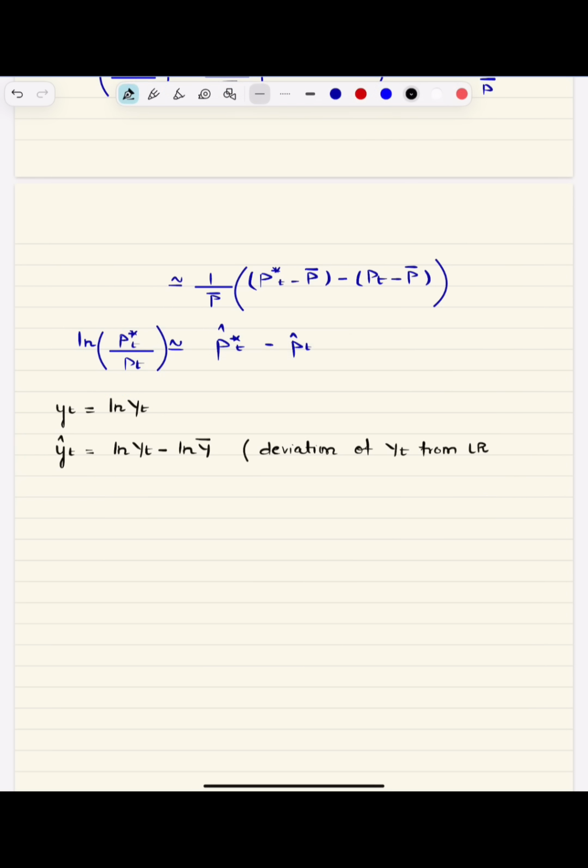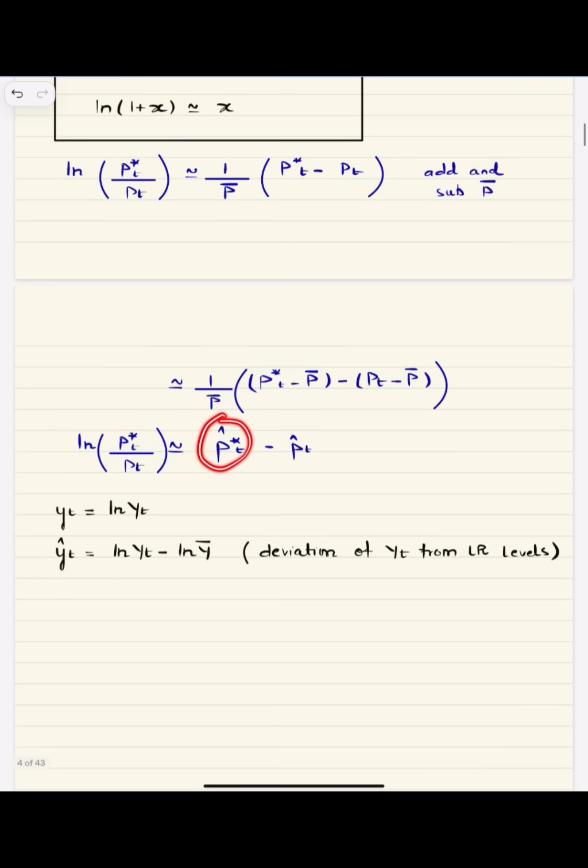Okay, so whenever you see a small letter with a hat over it, then that's basically just deviations. Okay, so this is deviation. Okay, moving on.